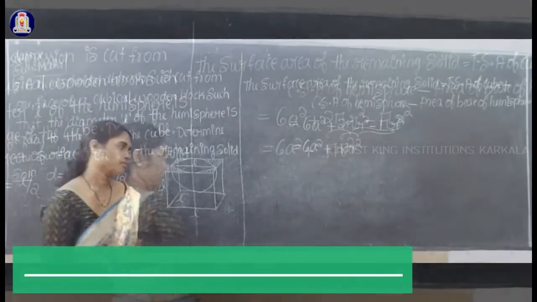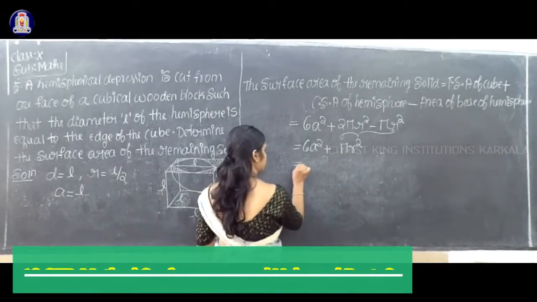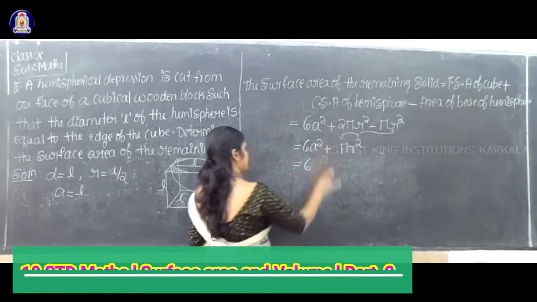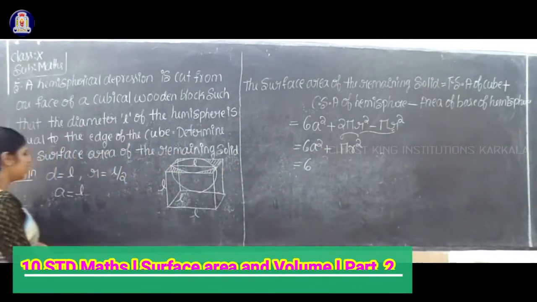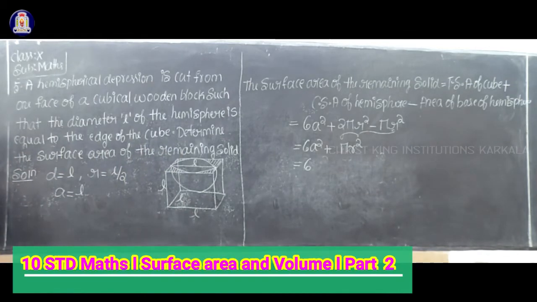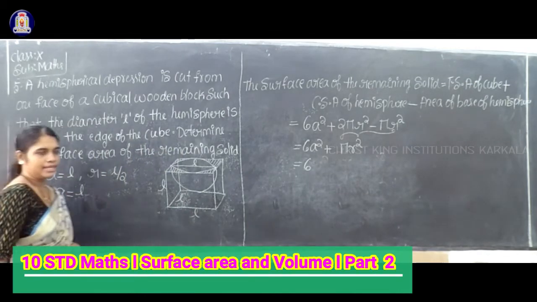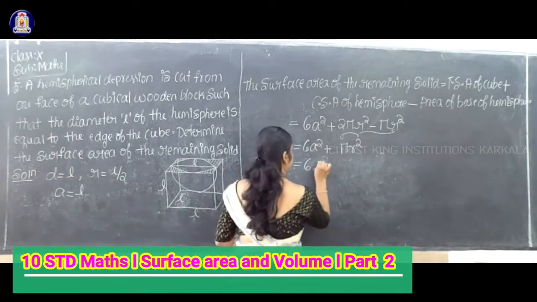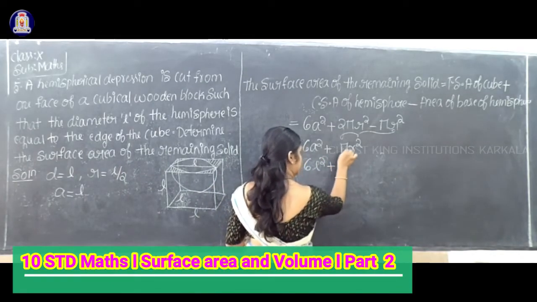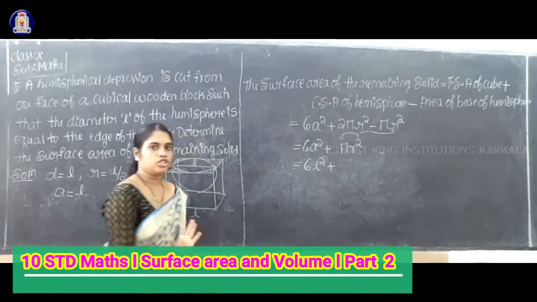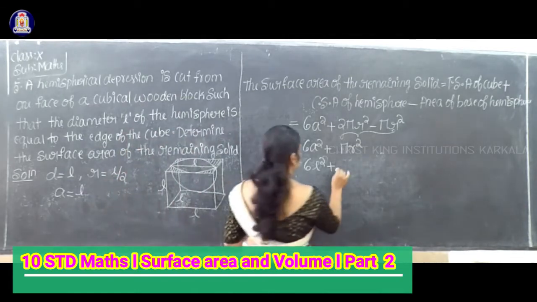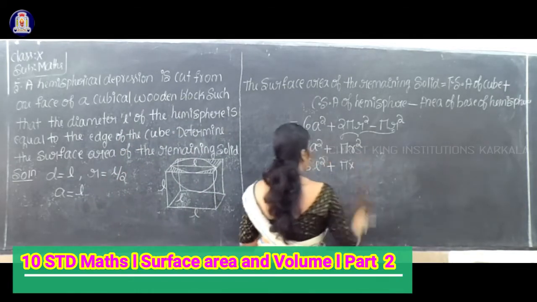Now this is equal to 6a square. The value of a, the length of the edge of the cube, is L. So 6L square plus pi into r square.